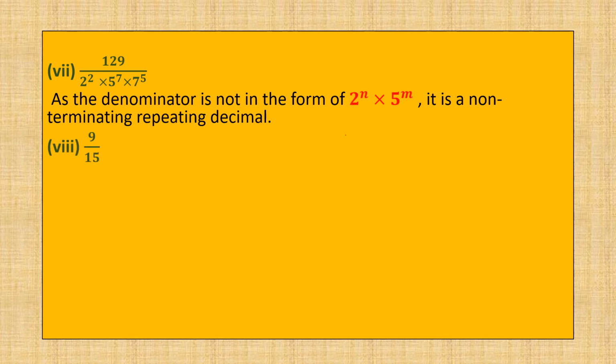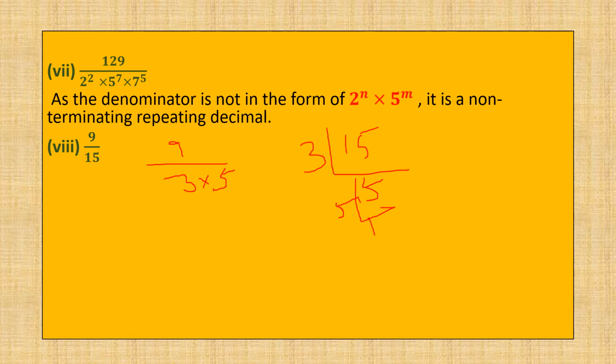So children, if you observe carefully here, our denominator is 15. So do prime factorization for 15. 3 5s are 15, and you'll get 5 ones 5. So I can write this as 9 by 3 into 5, right?